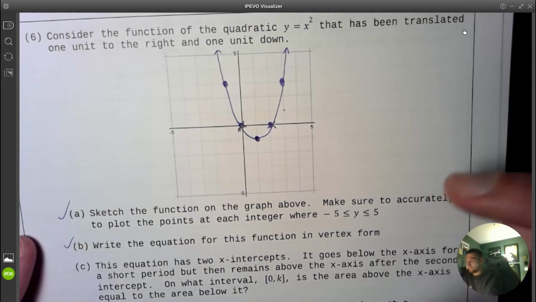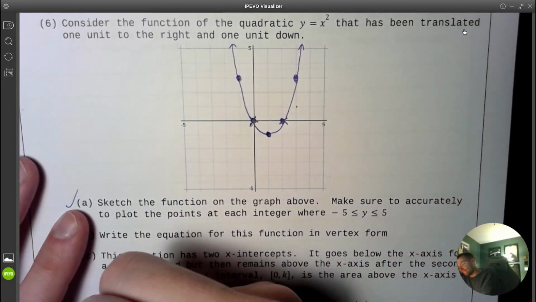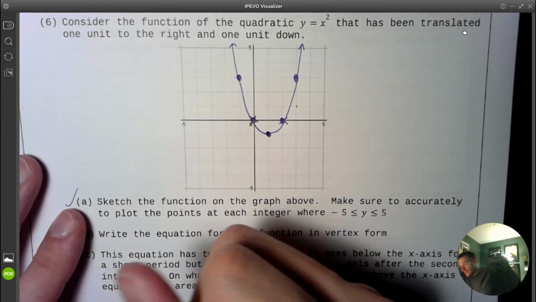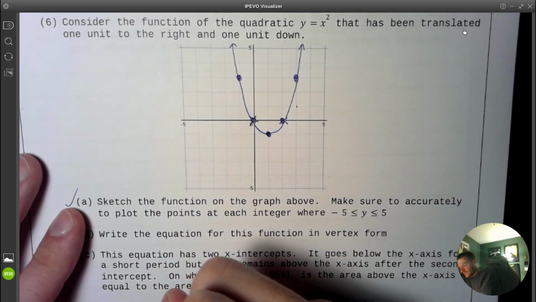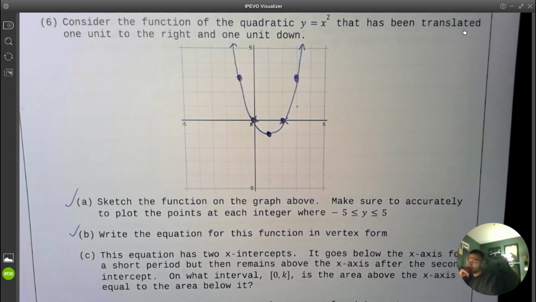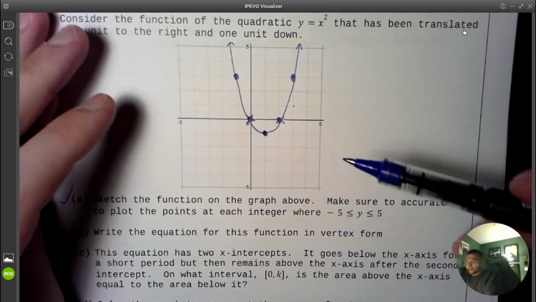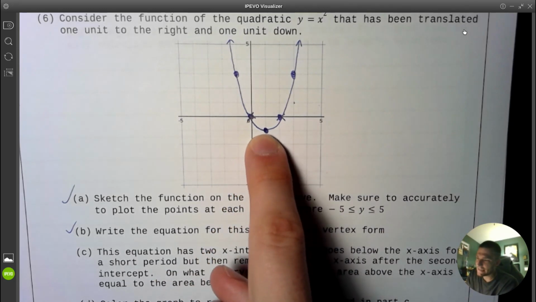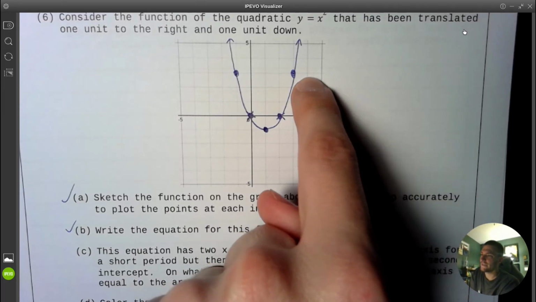Well, it says area, so I need to set up an integral. And it says 0 to k. And here's my function, x minus 1 squared minus 1 dx. Because it's talking about the area above the axis equaling the area below, the below area is negative, the above area is positive.